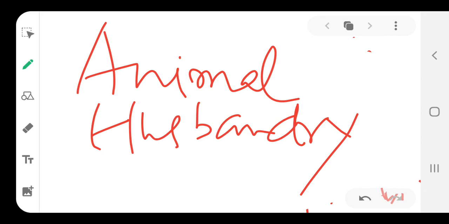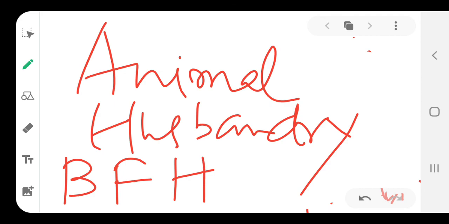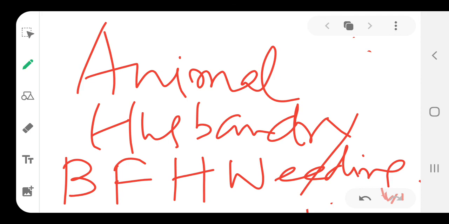Some of the terms you can read from the net also: breeding, feeding, heeding, weeding. These terms will be clear when we have a regular class, because they need definitions with explanation. Breeding, B-R-E-E-D; feeding, F-E-E-D; then heeding; then weeding. Weeding here means removing the animals which are not good from a commercial aspect. Under these headings we will study animal husbandry.